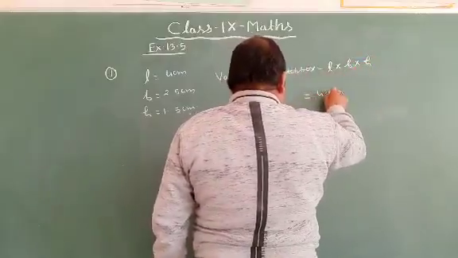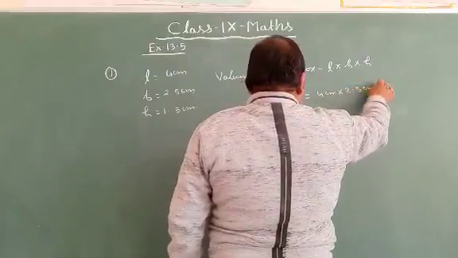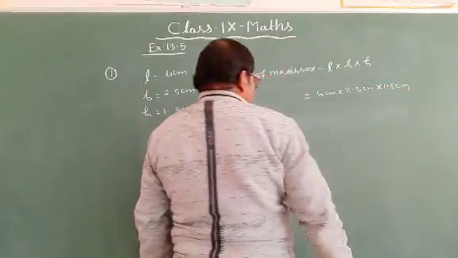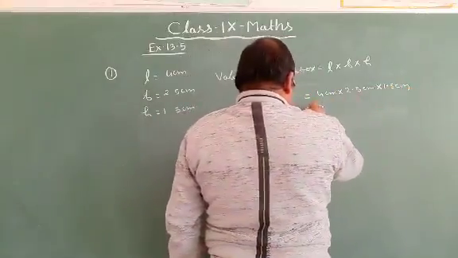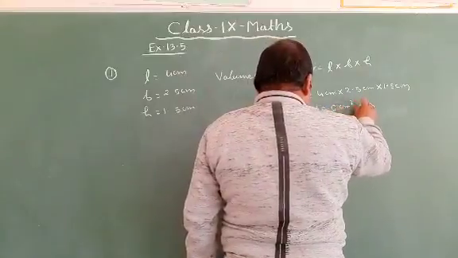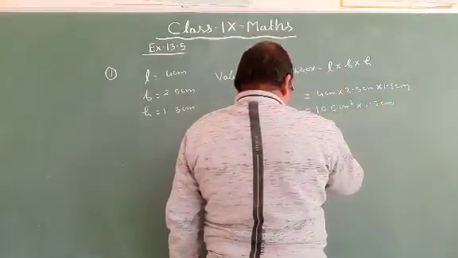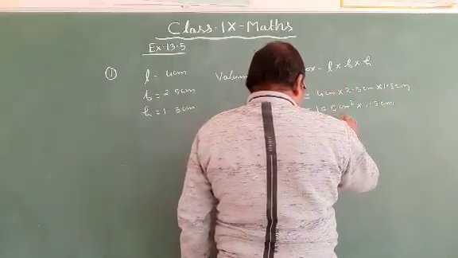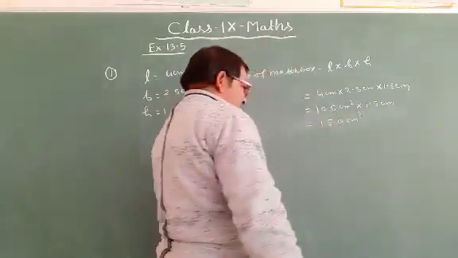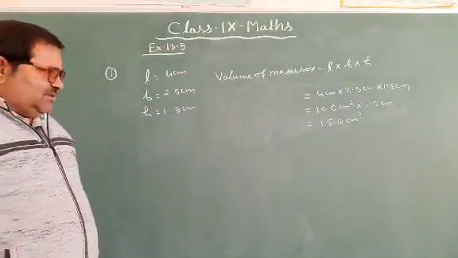So 4 centimeter into 2.5 centimeter into 1.5 centimeter. 25 fours are 100, 10.0 centimeter square into 1.5 centimeter is 150 centimeter cube. That is, 150 centimeter cube is the volume of a matchbox.